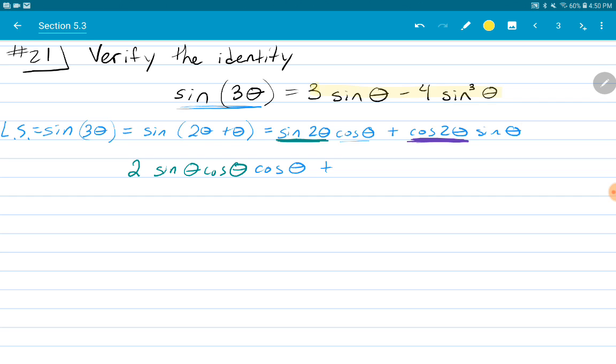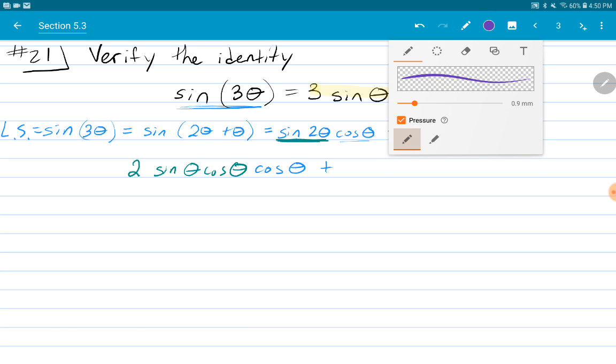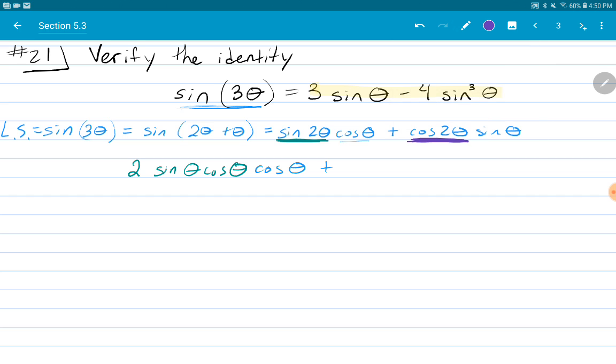There's only one double angle identity for cosine that has no cosines and just sine, so let me use that one, which is 1 minus 2 sine squared theta, multiplied by sine of theta.